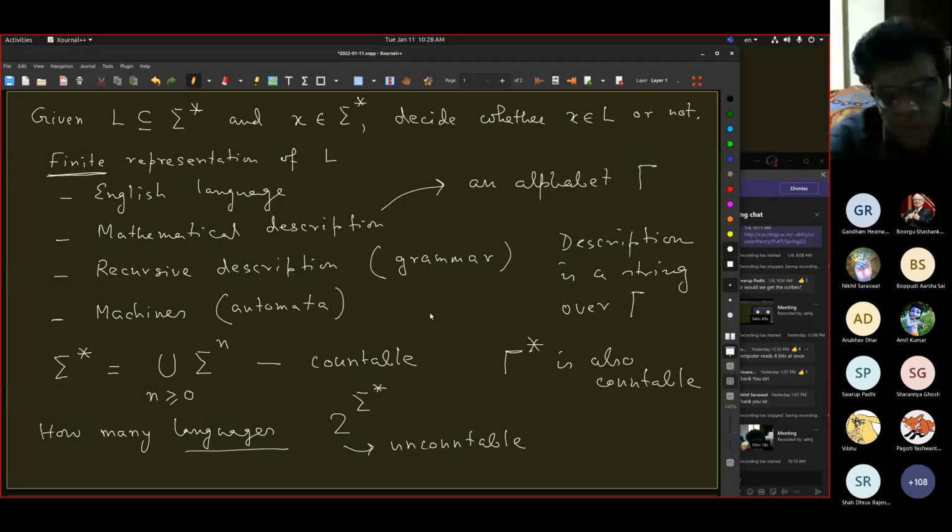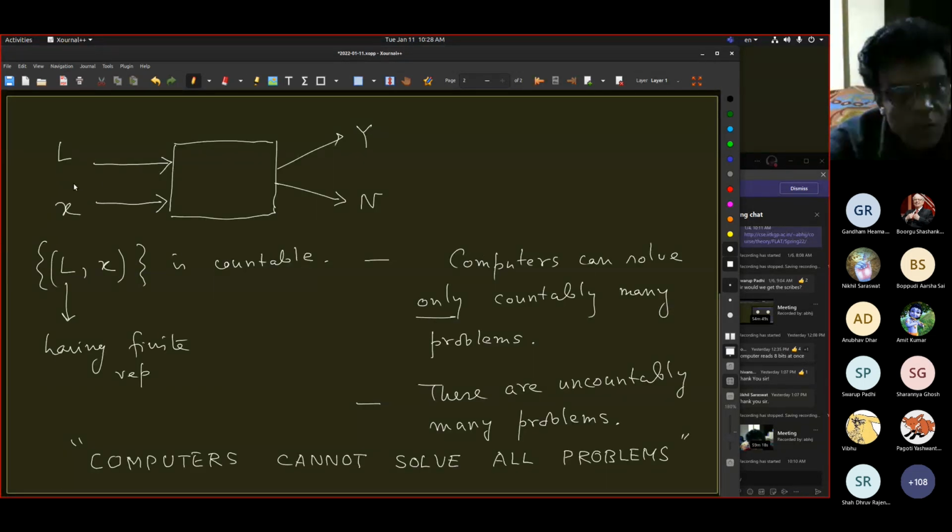In fact, we will see some such problems, for example, the halting problem. We will see many problems near the end of this course, which we can describe at least in English, more formally also, but these problems are not solvable. But if some language does not have any finite representation, then this is definitely unsolvable.